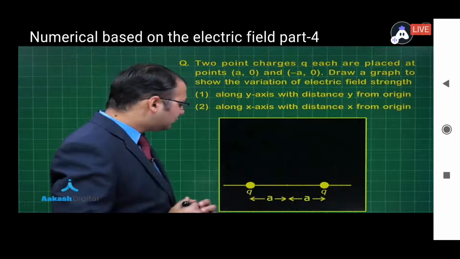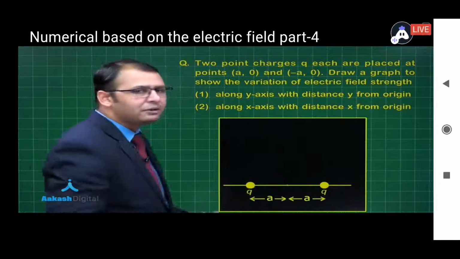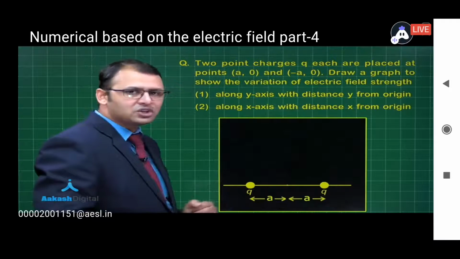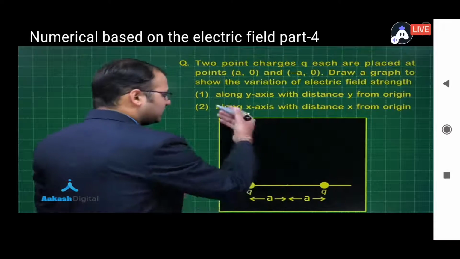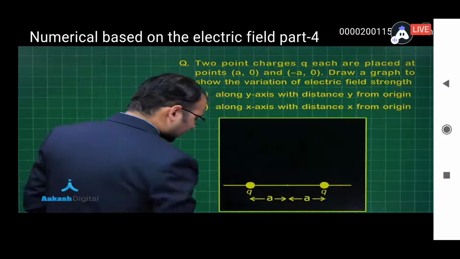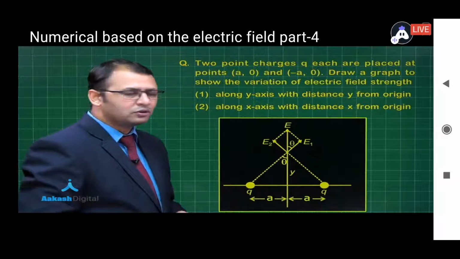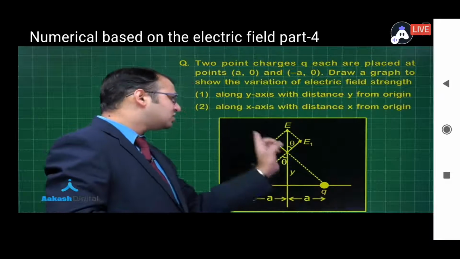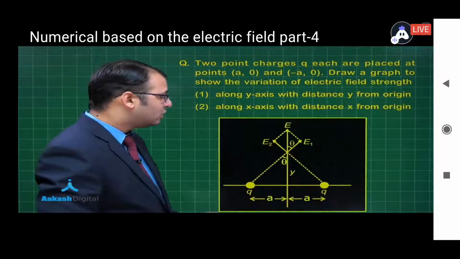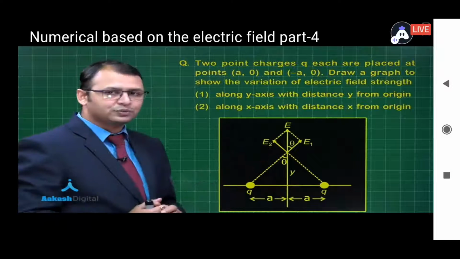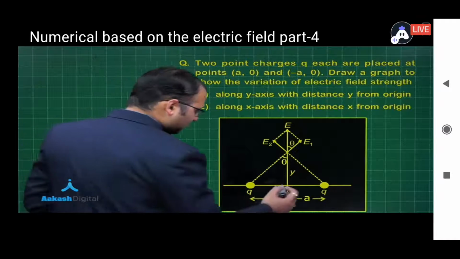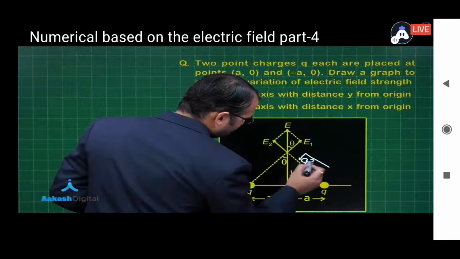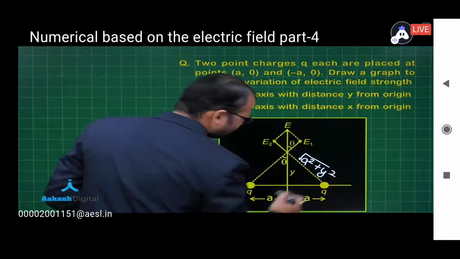Now for the y-axis, let's imagine some point here P. So what would be the electric field? The electric field due to this charge will be in this direction and electric field due to this charge will be in this direction. Let's see that. I have made this for you. So you can find that due to first charge, the electric field is in this direction, and due to second charge, electric field is in this direction, where this is E1 and this is E2, right? When you see what this distance is, this being y, this is a, so it will be a square plus y square.